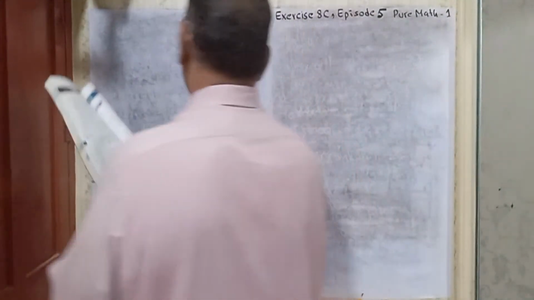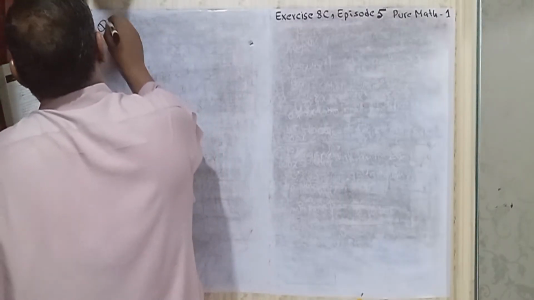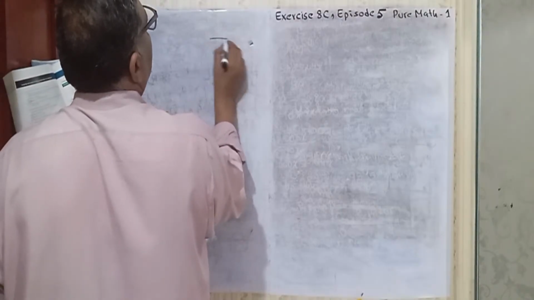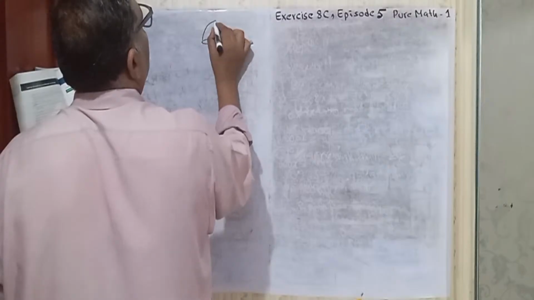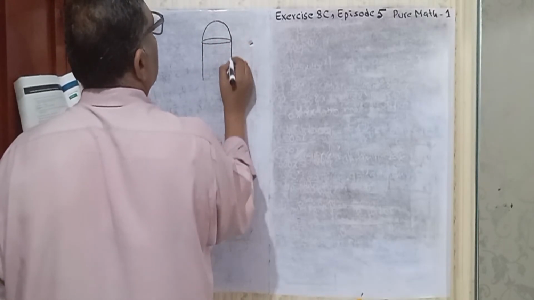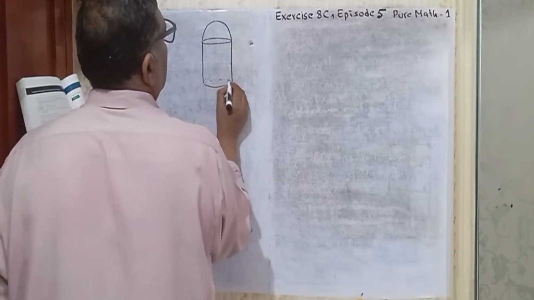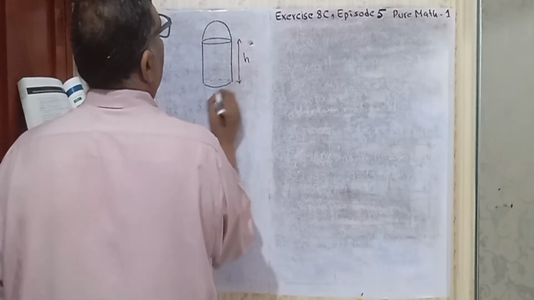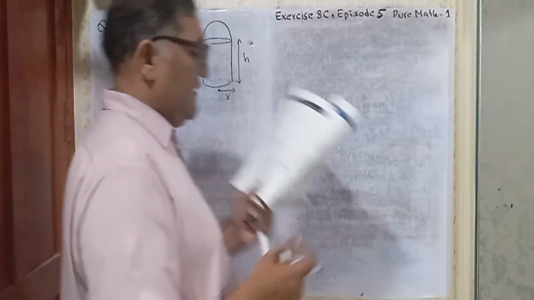We know this is the basic shape of that. This height is h and the radius is r. This is the basic shape.